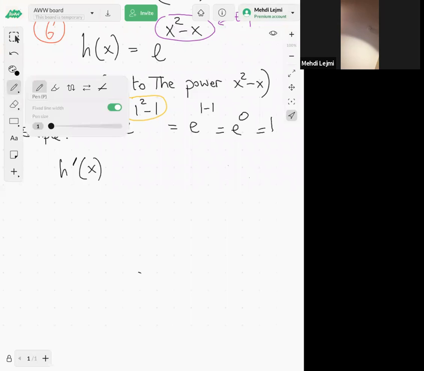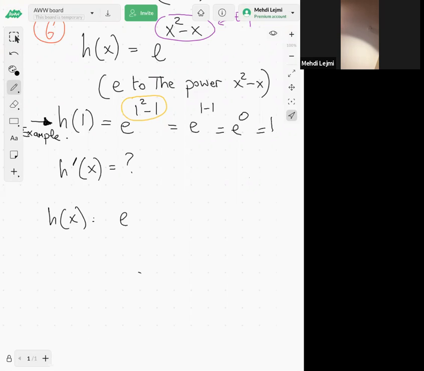So when I say e to the power x squared minus x, this is like saying the power. The way we read this is the following: that's the power x squared minus x of e.